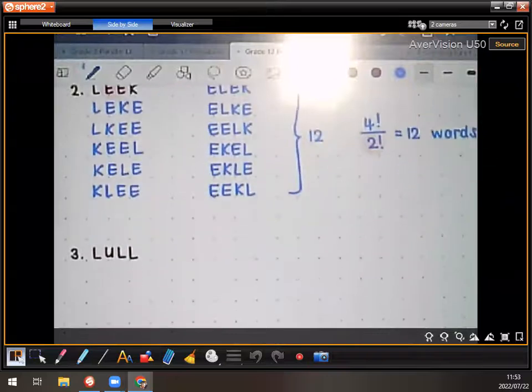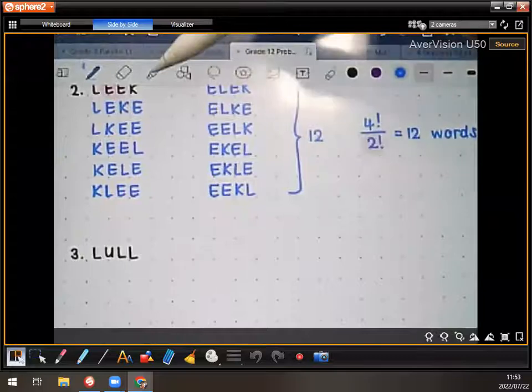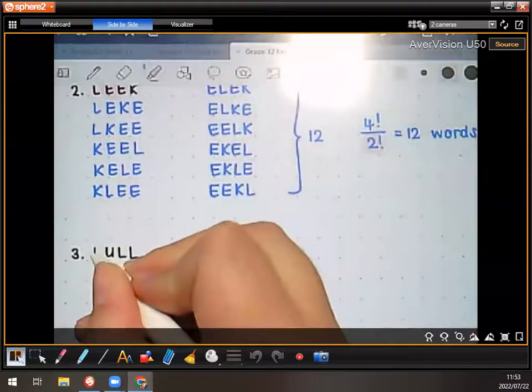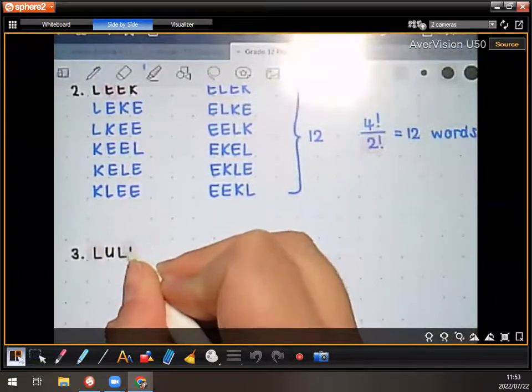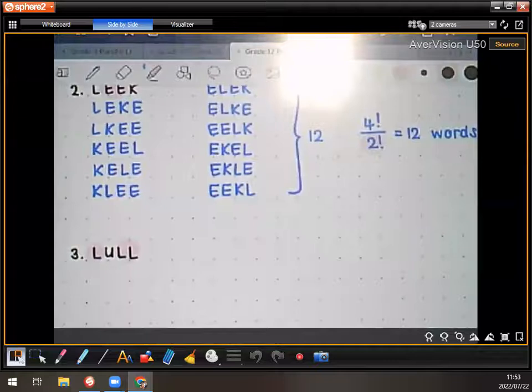Okay, the next one is long. So now we have owl, so we have 3 owls. So I would like you to highlight the 3 owls that we have there. We're running out of time, so we're not going to list all of the words now, but hopefully you can visualize it: swap these 2 owls, you get the same thing.